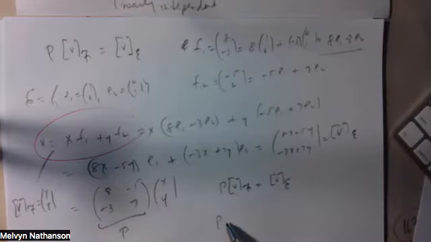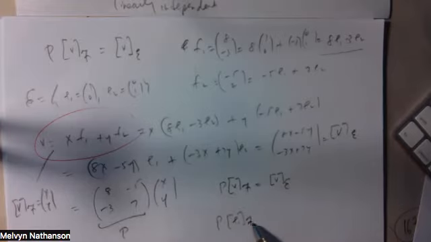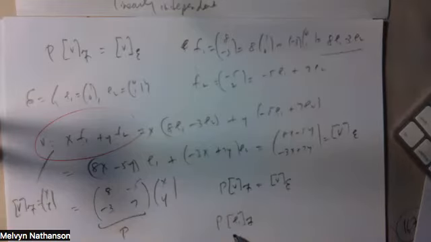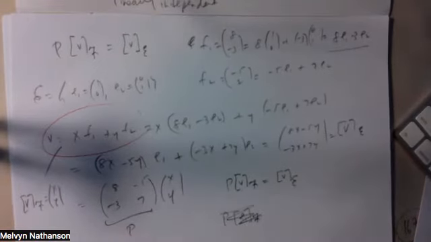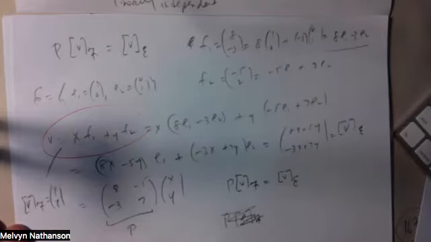So for example, P times the coordinate vector for E1 with respect to F is what? Oh, so I need to calculate that. Suppose I want to write E1 as some linear combination of F1 and F2.